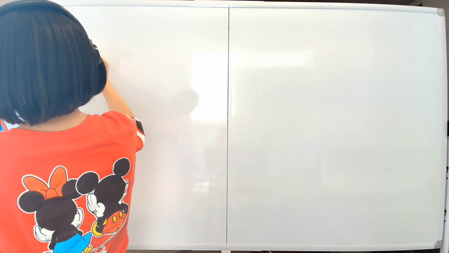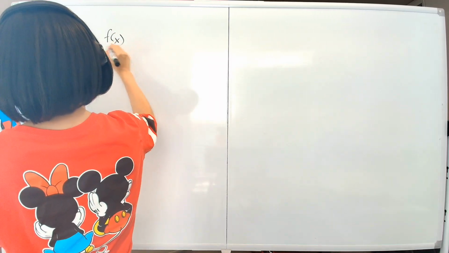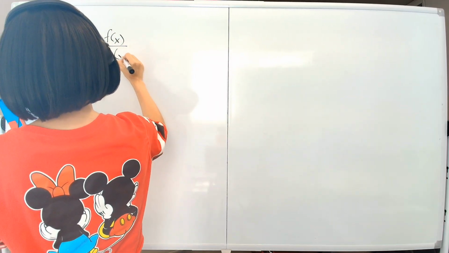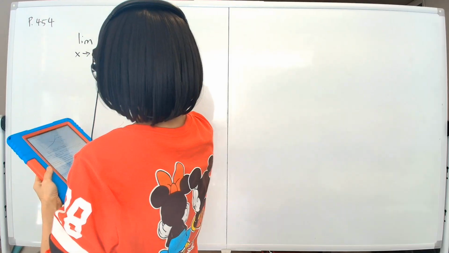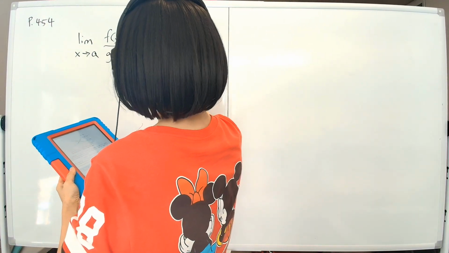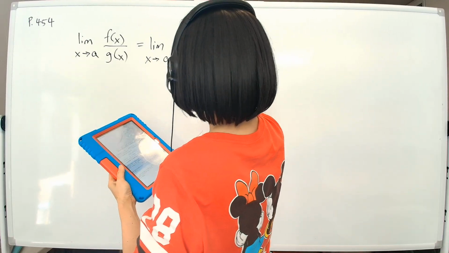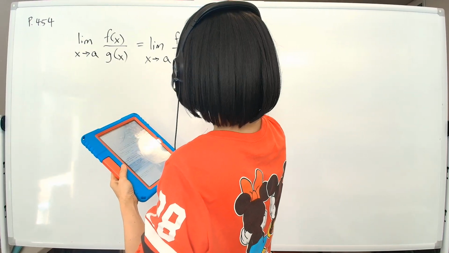That is, the limit of f of x over g of x equals the limit of the respective derivatives in the same ratio. That is, it equals the limit of f prime of x over g prime of x.